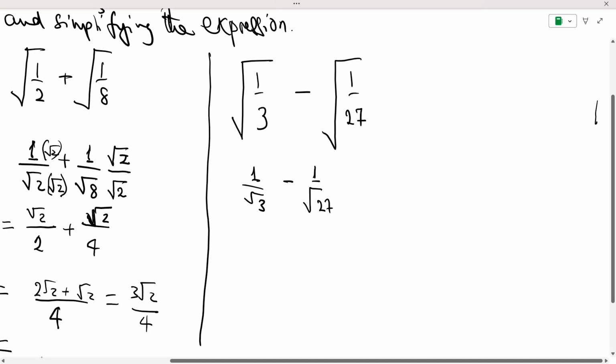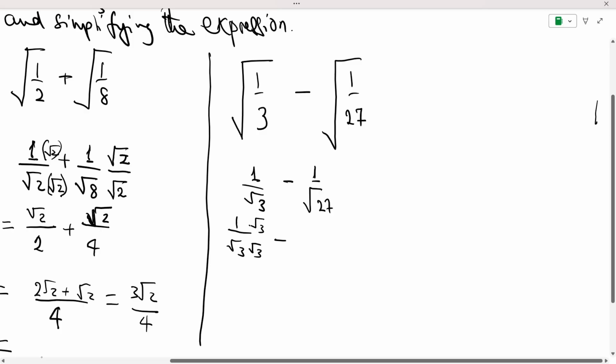So this expression will become 1 divided by root 3, multiplied by root 3, and what you do to one part of a fraction, you must do to the other. We also multiply the top by root 3, minus, we have root 27 here.